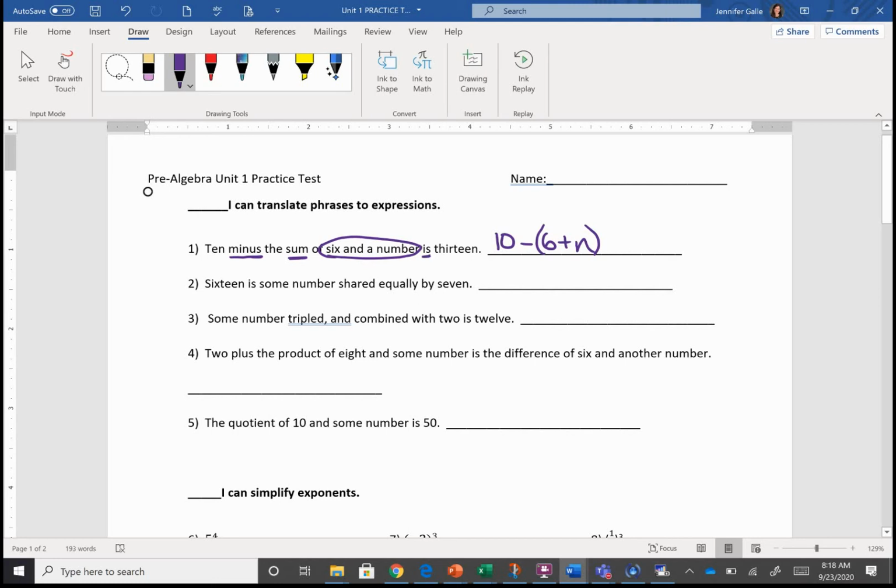Is means equals. If you want to, flip your foldable over on that back side. This is one thing that wasn't included on the foldable. If you want to, on the back of your foldable, write is means equals, go ahead and write that there.